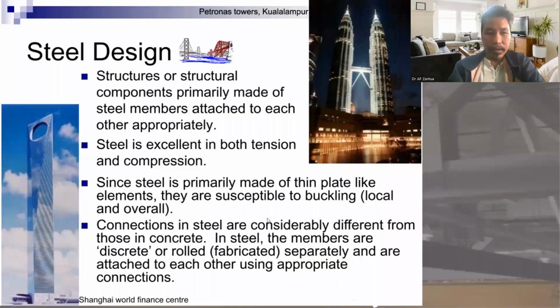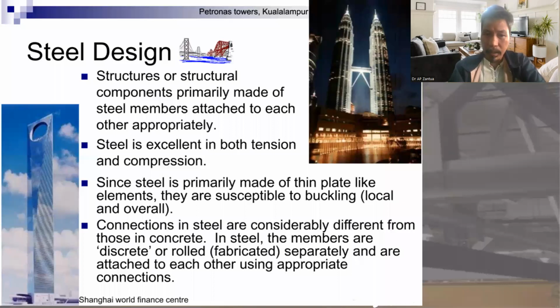Okay, so steel design, therefore, is focused on designing the steel structure or structural components primarily made of steel members attached to each other appropriately. Steel is excellent in both tension and compression. They have almost similar characteristics in compression and tension, just opposite in direction.